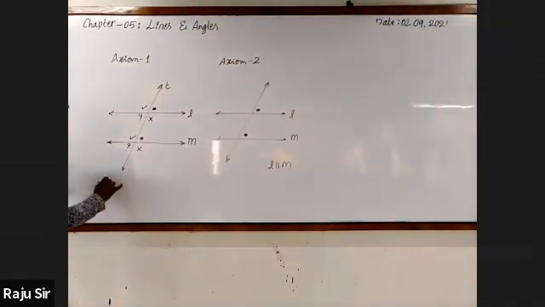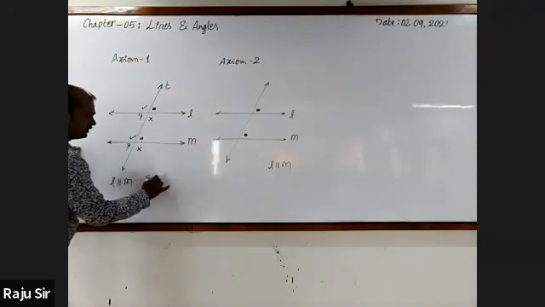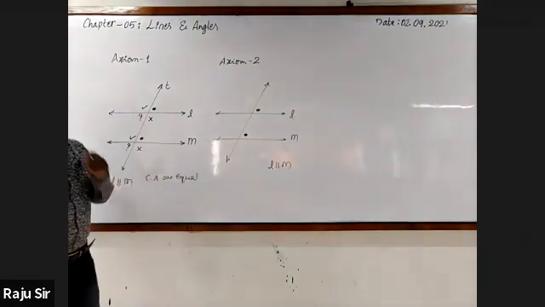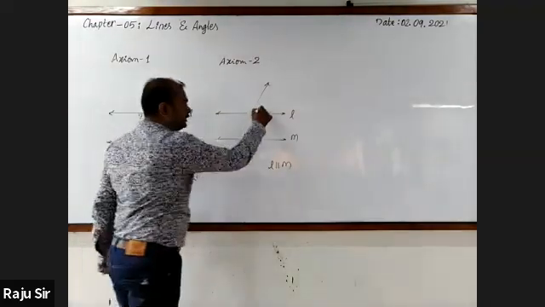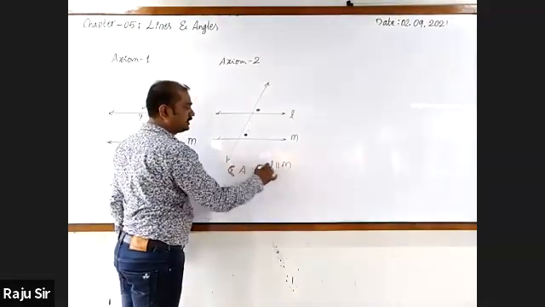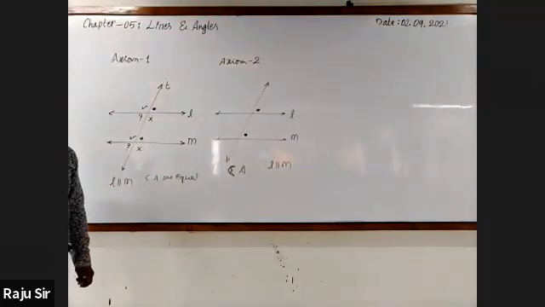Very simple. If L is parallel to M, then each pair of corresponding angles are equal. And if each pair of corresponding angles are equal, then line L is parallel to M. Is it not simple to understand?